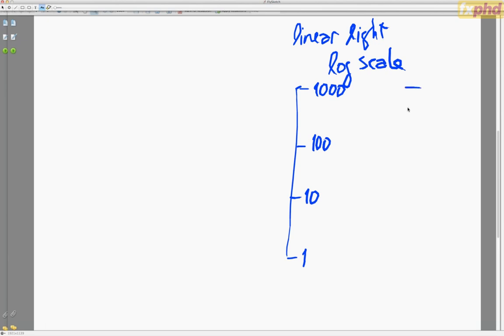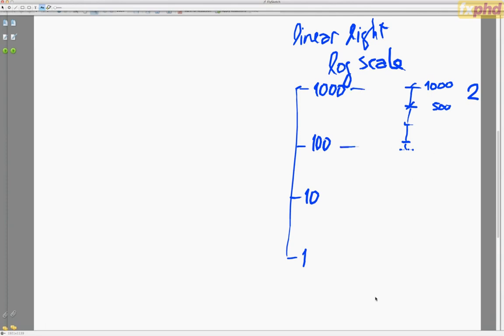At that time I indicated to you that a stop was a factor of 2. So starting at the top, that would be the difference between 500 and 1,000, which is a ratio of 2. And it takes 3 1/3 of those ratios to get to a power of 10.